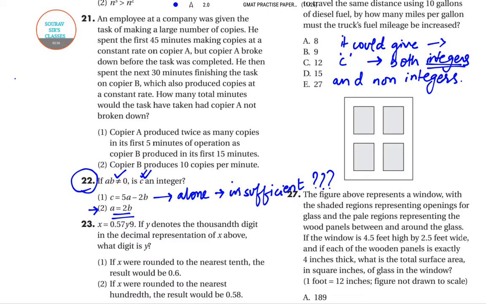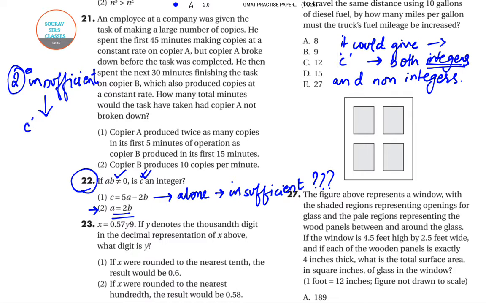So this particular statement 2 is alone insufficient. And how can I say this? Let me give you something to support this statement which I have made.